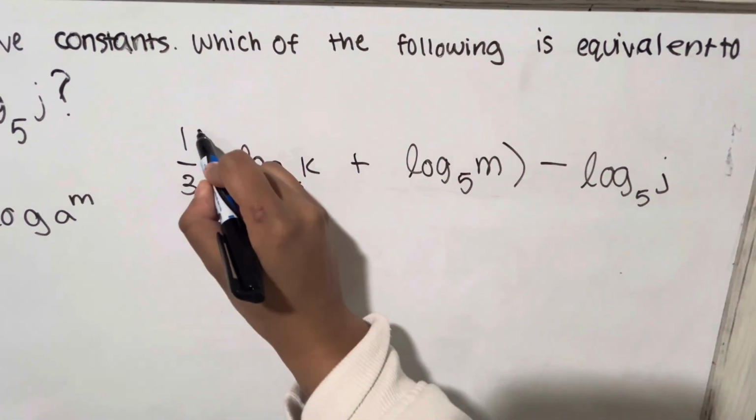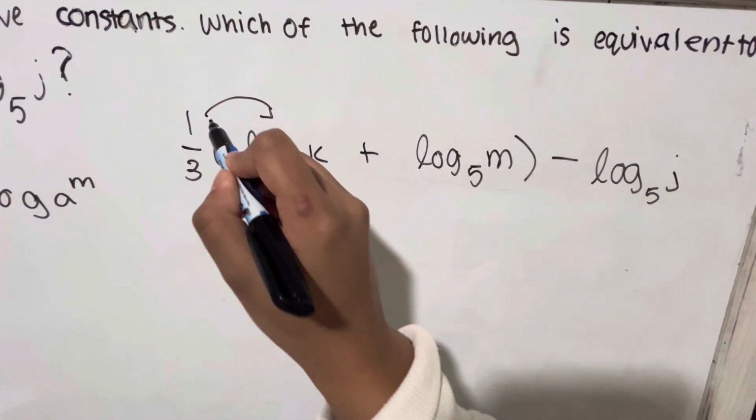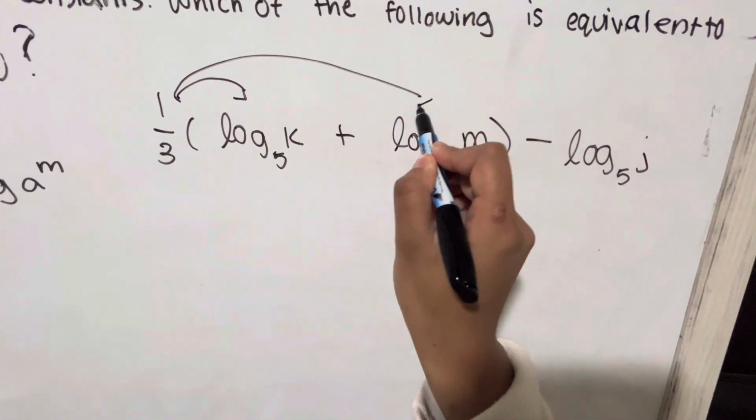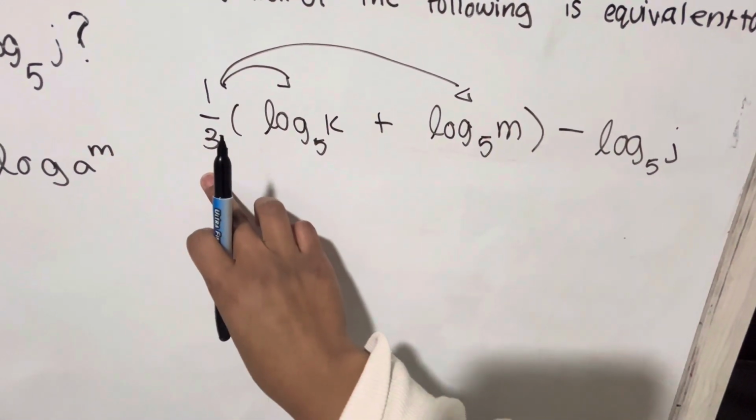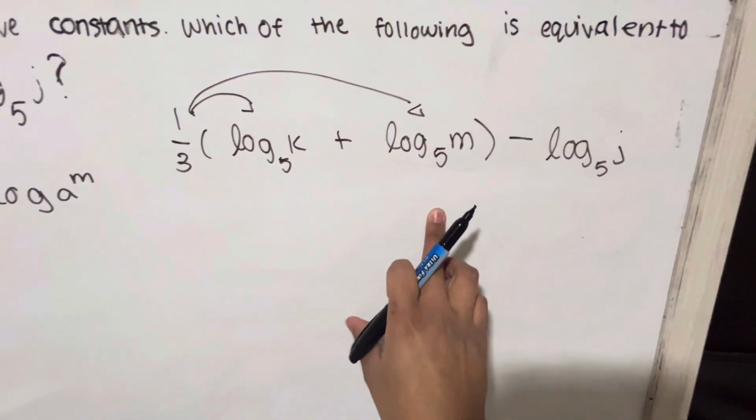We're going to put the 1/3 over here and the 1/3 over there with the log base 5k and log base 5m, because it's being distributed on both logs.